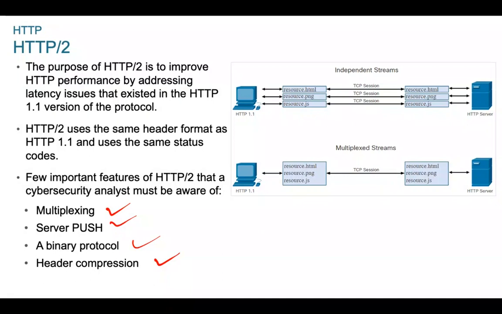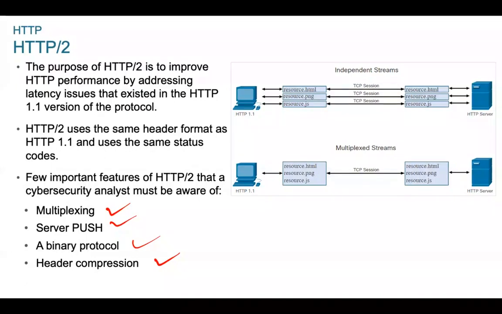With server push, HTTP servers are able to push content that has not yet been requested to their client. The server anticipates the content that the client is likely to request, and the client caches this content for future use.